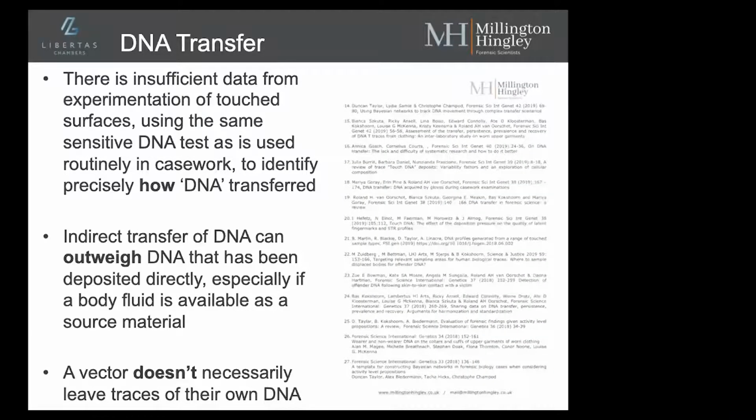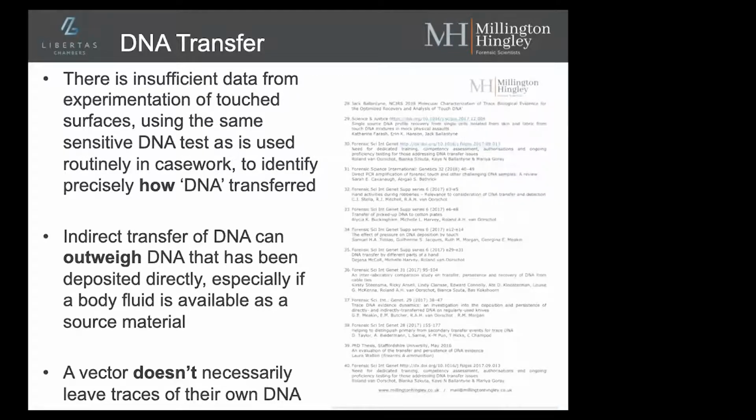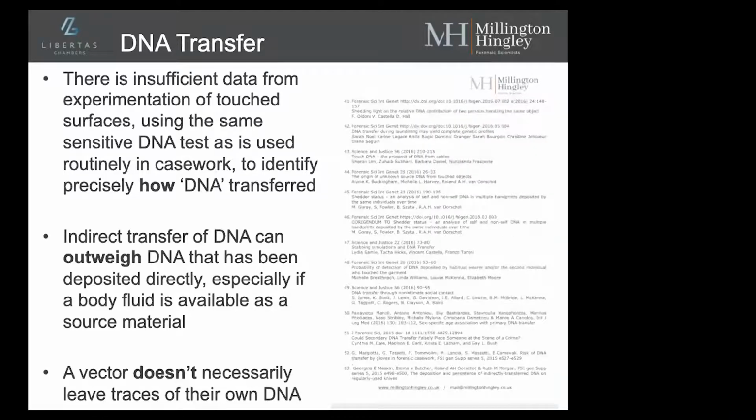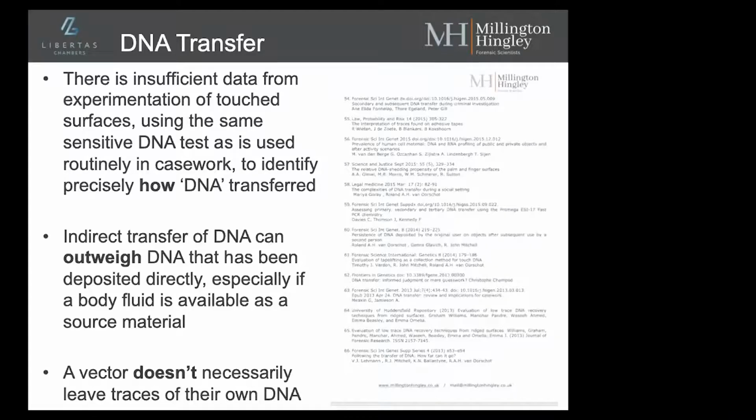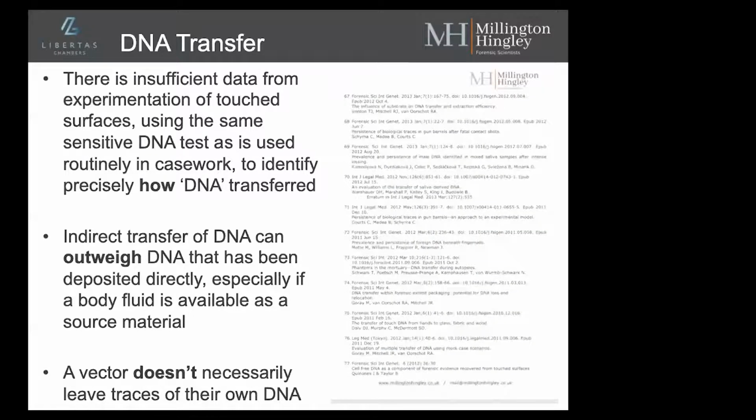Now, the problem here is that it's very difficult to simulate all casework scenarios such that you can apply the research wholeheartedly to a casework situation.